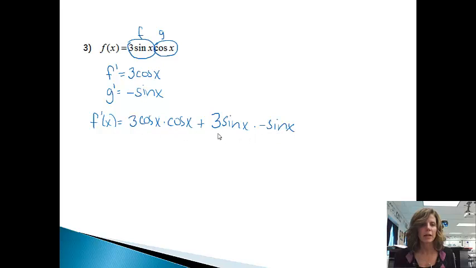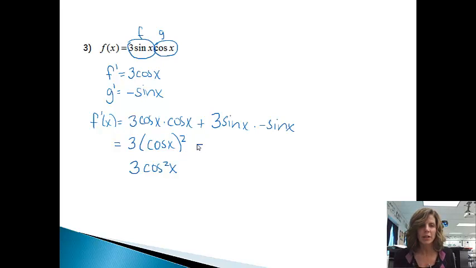Again, I'm going to simplify this first. When we do cosine x times cosine x, I'll write it two different ways to show you. It really means the cosine of x, squared. Another way we can write that, which we're used to seeing, is cosine squared x. Notice it's not cosine x squared. I have to square the entire quantity, the whole cosine x.